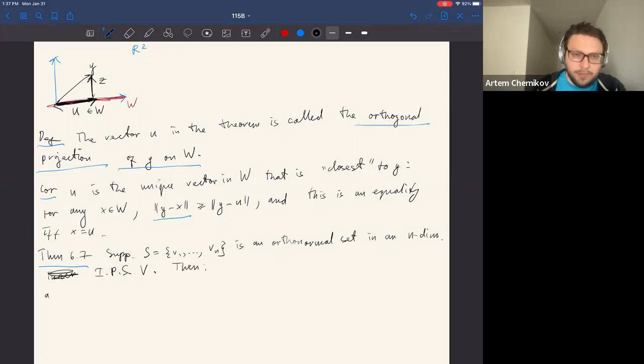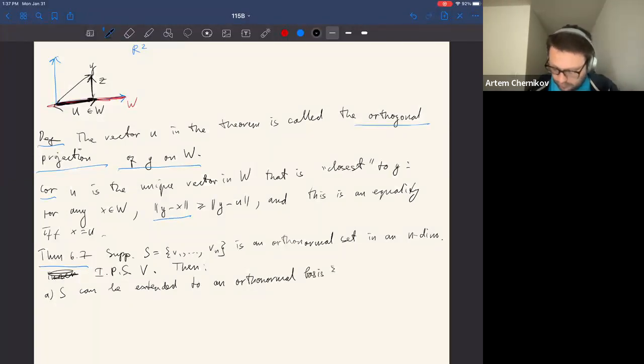Claim A: S can be extended to an orthonormal basis. So we have v1 through vk.